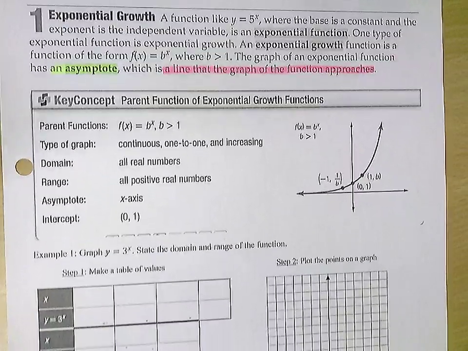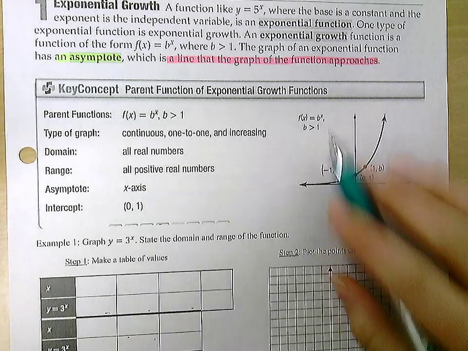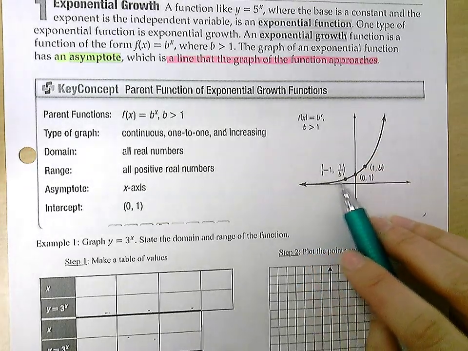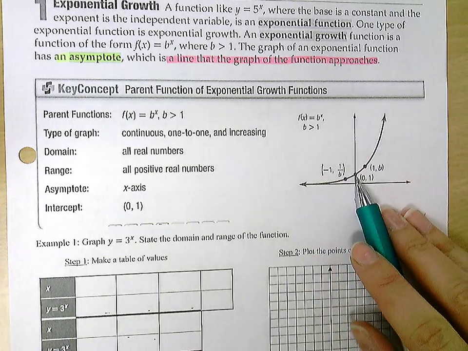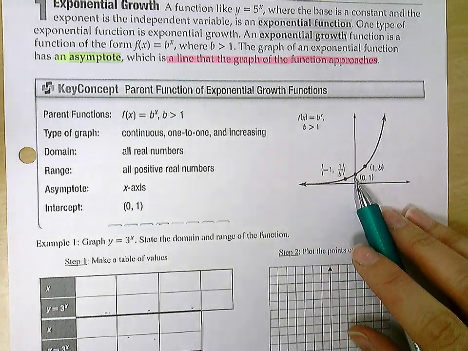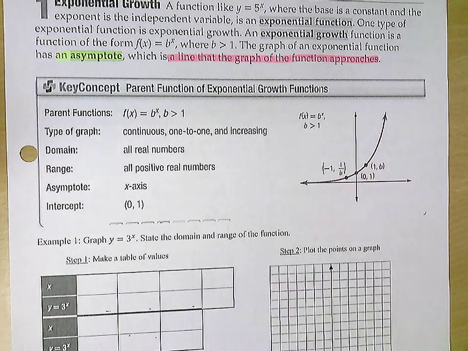So the parent function of our exponential is b to the x. It looks like this. Whenever you plug in 0 for x, you should get 1. Any number raised to the 0 power is always going to be 1, doesn't matter what the base number is.